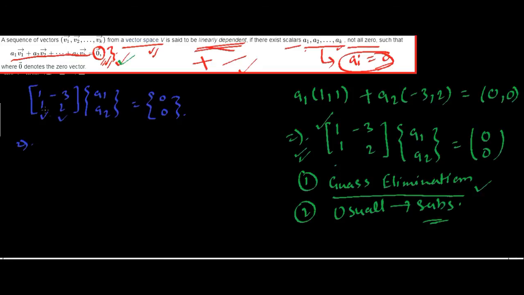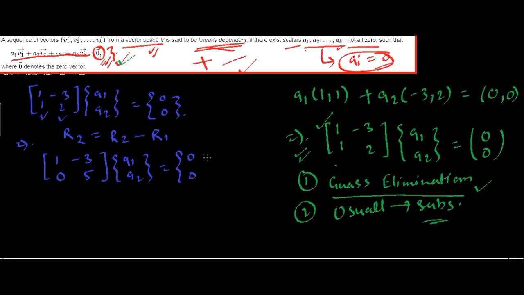Let's apply the row operation R2 equals R2 minus R1. We'll get 1, minus 3, and 0. R2 minus R1, and minus will become positive, it will be 5. Since they are 0, nothing will change here.